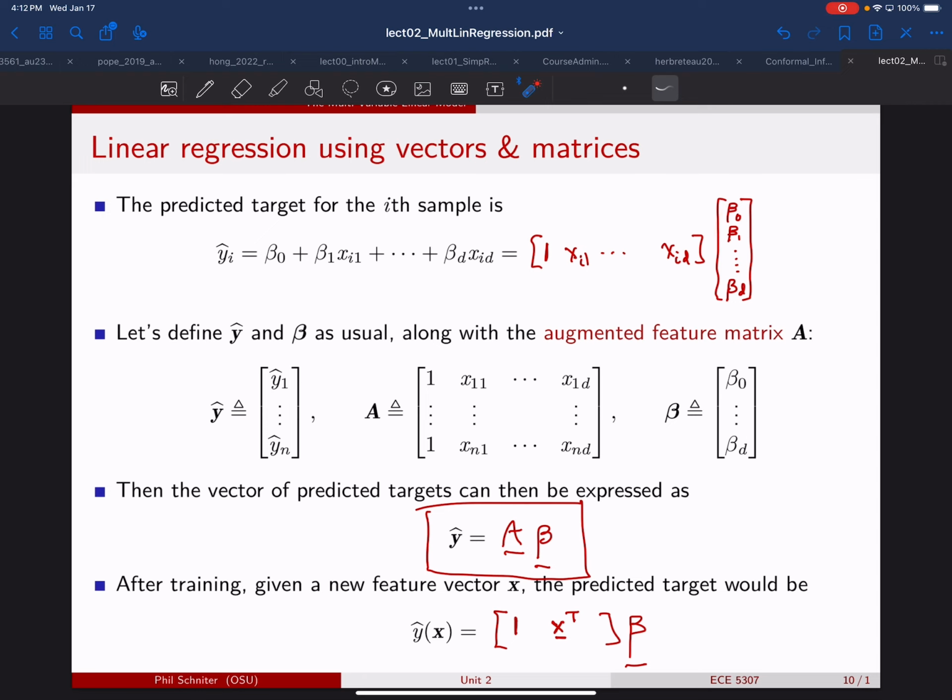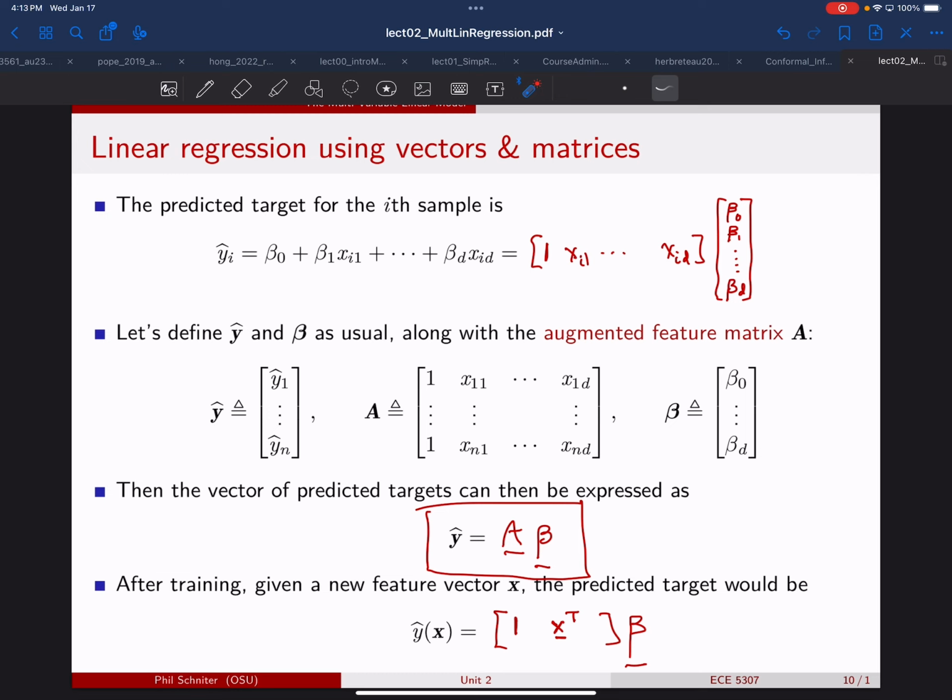When we stack all these together, we finally get this equation, which says that the vector of predicted targets is equal to this matrix that contains this one column, but then all of our feature data, times our coefficient vector beta. So that's the model we use during training.